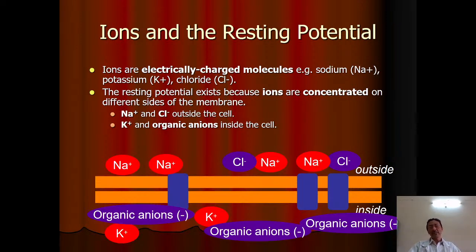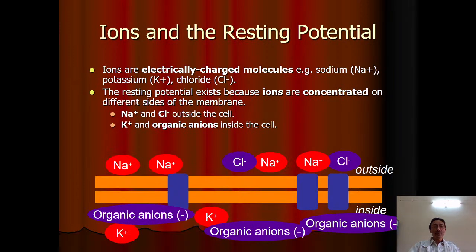So if you assume that the membrane is permeable to all three ions, sodium, chloride and potassium, then what will be the membrane potential? That membrane potential is explained by the Goldman-Katz equation, and that is the resting potential of the membrane, somewhere around minus 70 millivolts.